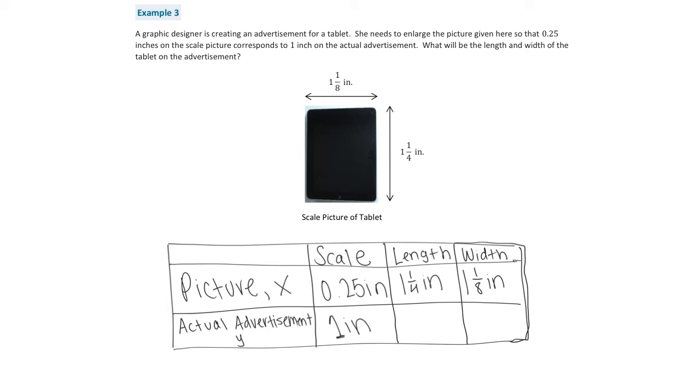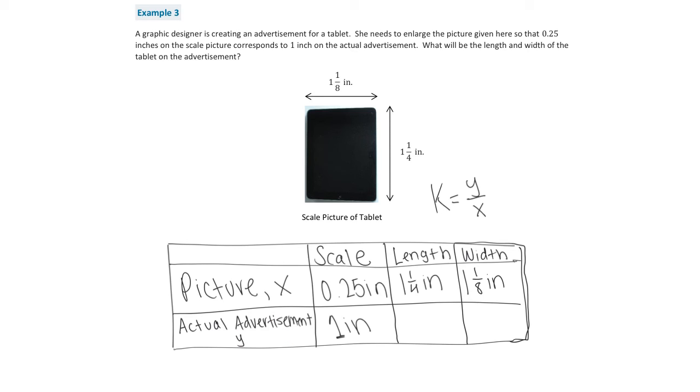Great. Now let's find our constant of proportionality, which is known as our unit rate. We would set that up as K equals Y over X, because remember K is, we're looking for the constant of proportionality, also known as our unit rate. So now we're going to take our value from our picture and our actual advertisement.